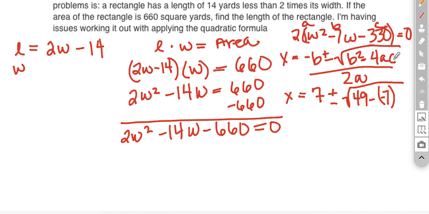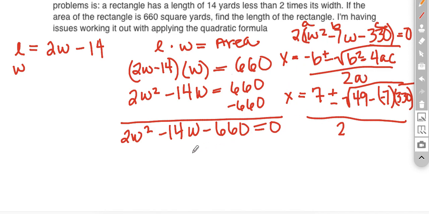I'm not even going to put that in there because I don't have enough room. And then c is negative 330. Then this is all being divided by 2 times 1, which is just 2, because a is 1.